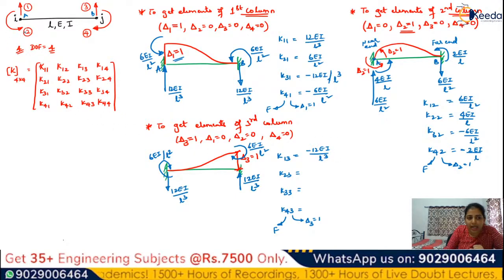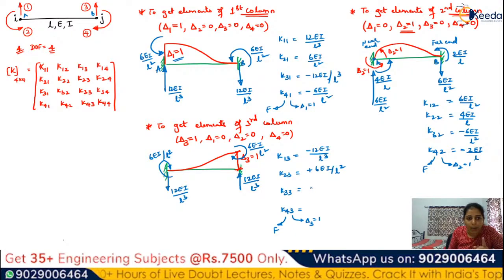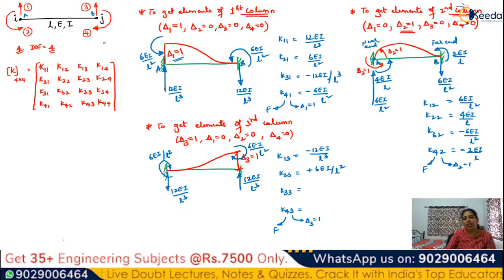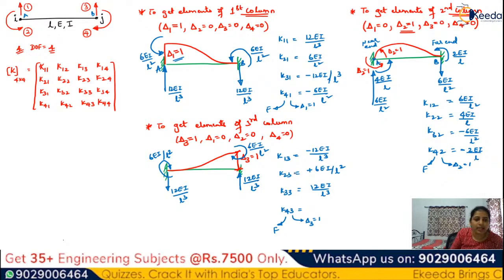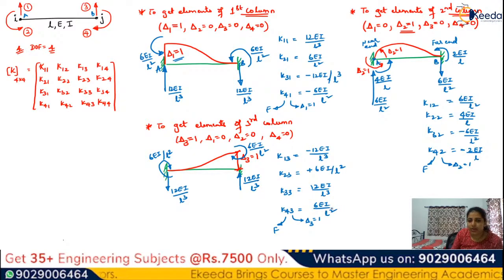The moment is anticlockwise here, whereas it is clockwise here, so plus 6EI by L square. Then coming to the third one, the upward reaction at B is the third coordinate. Here also we have an upward reaction, so it's plus 12EI by L cube. And lastly, the moment is clockwise at coordinate 4. Here also there is a clockwise moment, so it is 6EI by L square. Right.